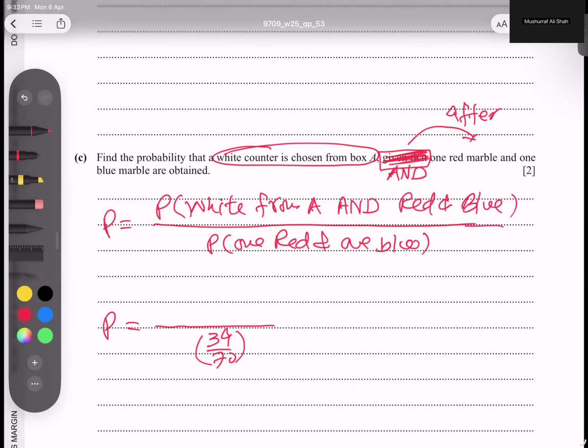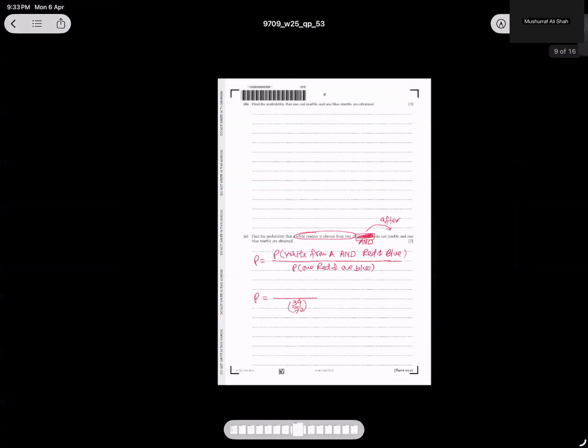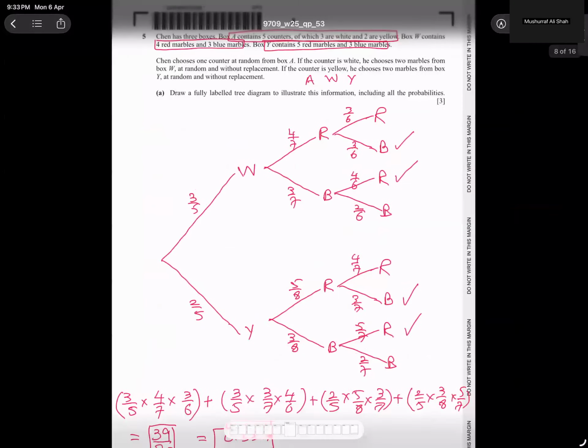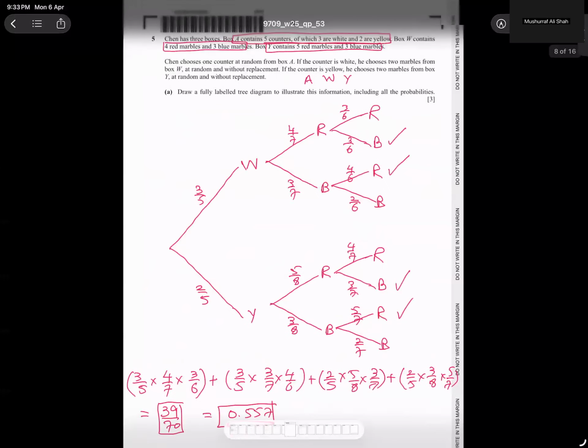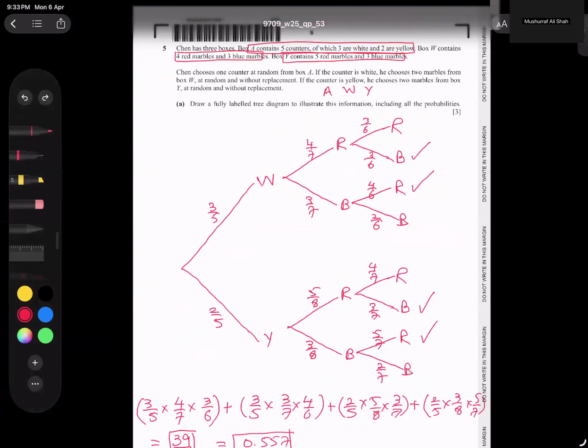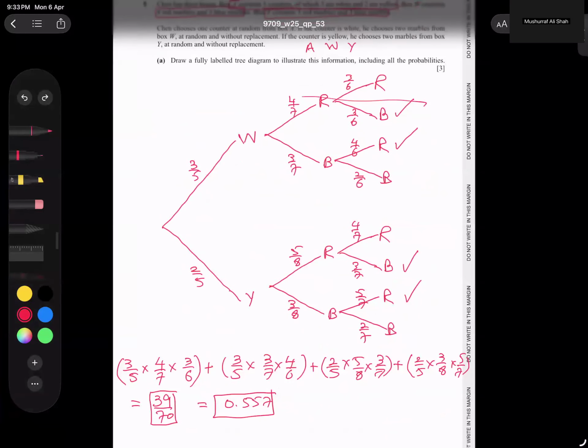Now we have to go back to the diagram and check it. We talk about white from A, so let me check again. White from A. It means we are concerned with white from A, so we have to take these 2 branches only. Red and blue is also there in the lower one, but we must take the condition white, not from the lower one.